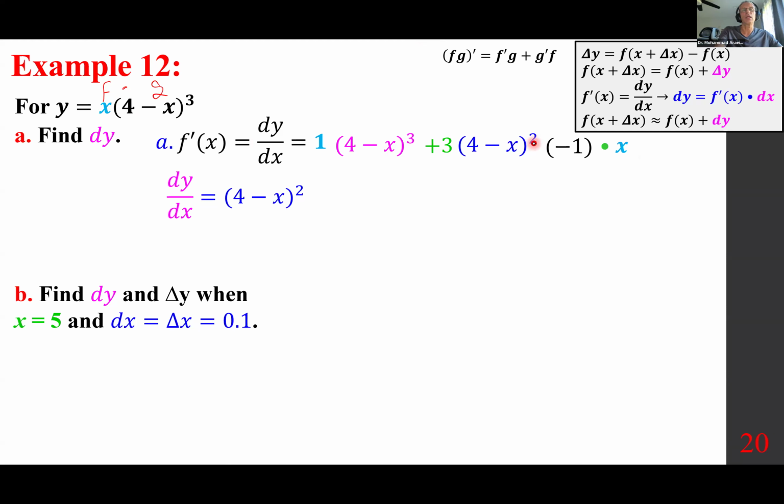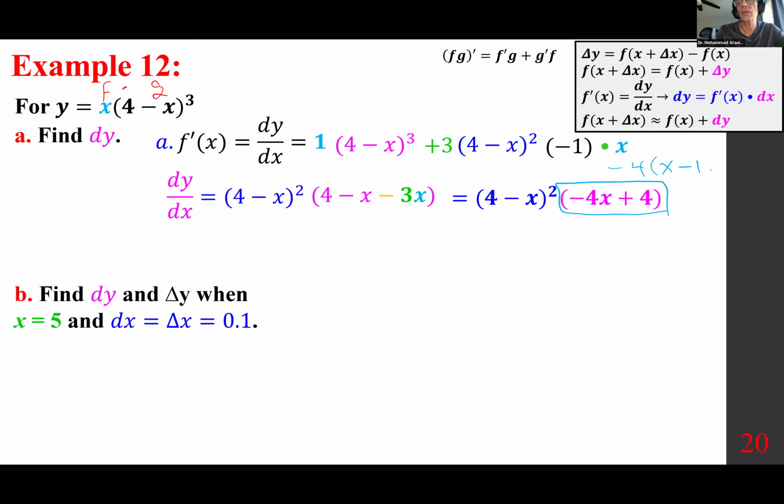You take it out. You divide this one by it, which gives you 4 minus x, and this one gives you positive 3 minus 1 and x, which means negative 3x. These two add up to negative 4x, and we factor the negative 4 out. We get x minus 1. We can put that in front.